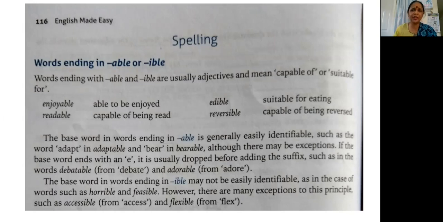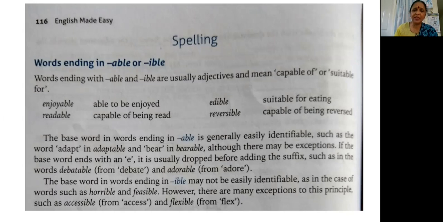So most of the common suffix is able, like enjoyable, readable, knowledgeable, adaptable. And when a word ends with E, that E is dropped and able is added. But for some words, ible is added. The exceptions are always there. So horrible, feasible, accessible, these are the words that take ible.